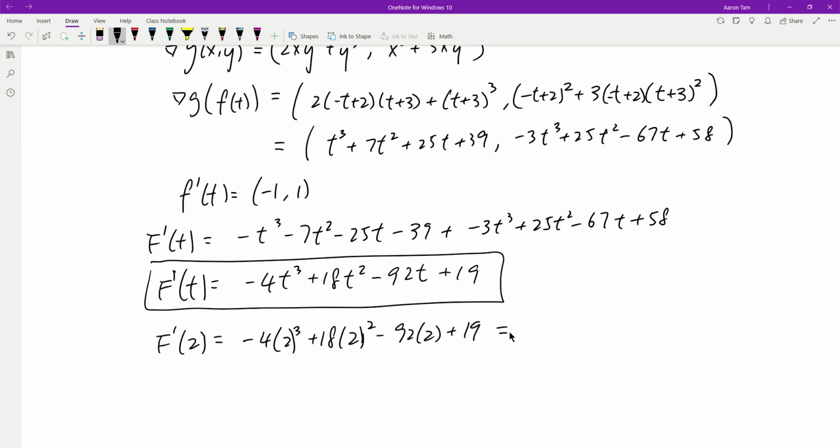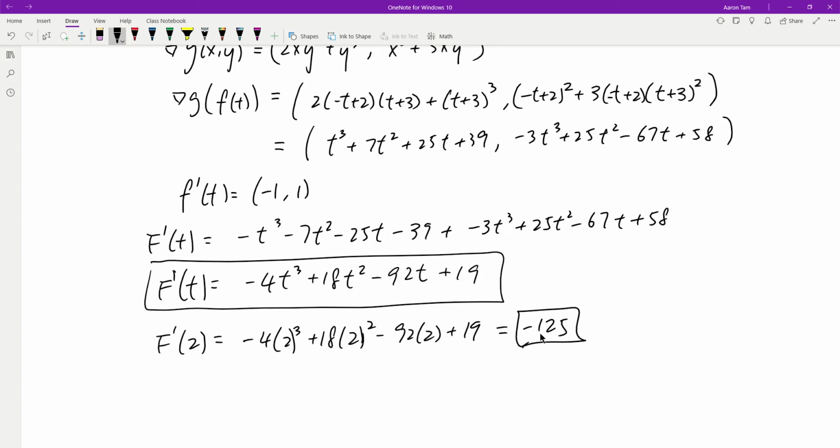Hopefully it shouldn't be too hard to do. So it looked like it comes out to be negative 125. So that's what the slope is.